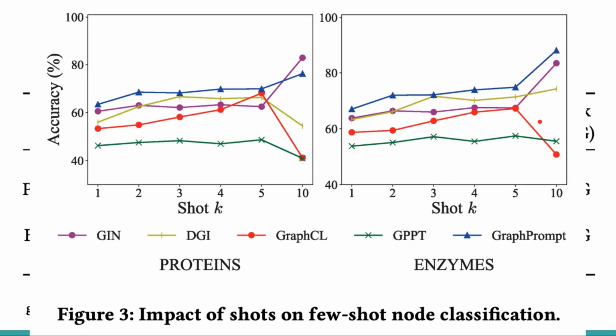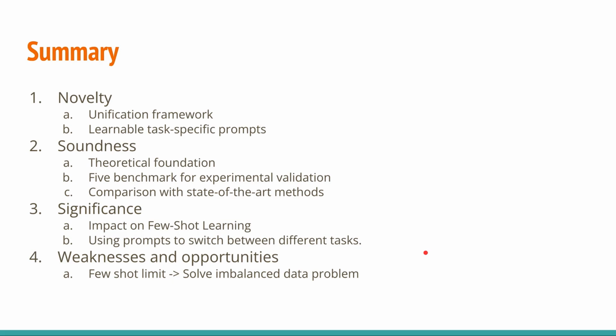In the protein experiment, the graph shows the relationship between k-shot and the accuracy, and indicates that for k-shot values below 8, GraphPrompt achieves higher accuracy than other methods. In the enzyme experiment, including those below 10, GraphPrompt consistently achieved higher accuracy than other methods.